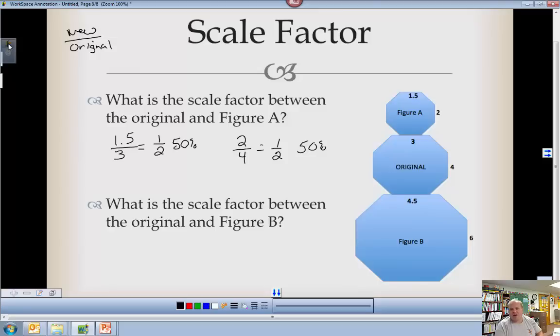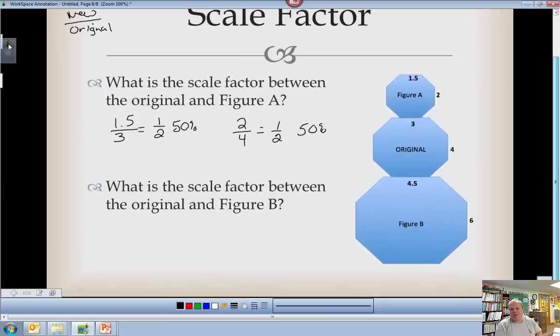Now let's look at figure B. Well, figure B is definitely larger, but by how much? Well, let's find that out. It's still, like we talked about up here, new over old, or new over original. So I'm going to pick 4.5 over 3, and 6 over 4.